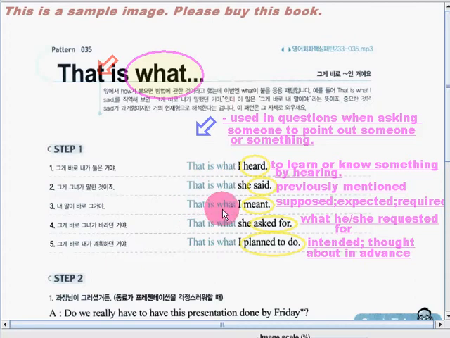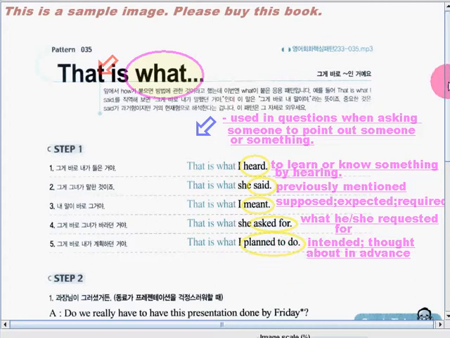That is what I meant. That is what she asked for. That is what I plan to do.